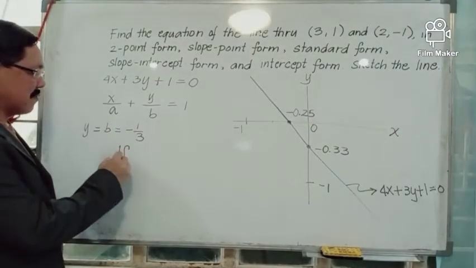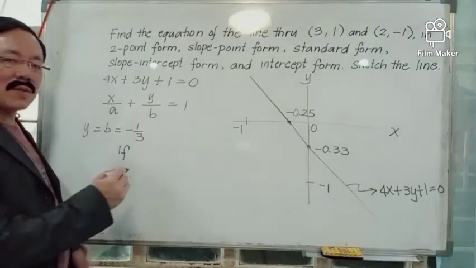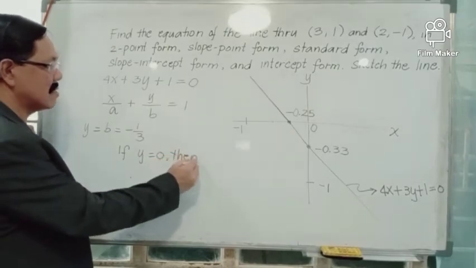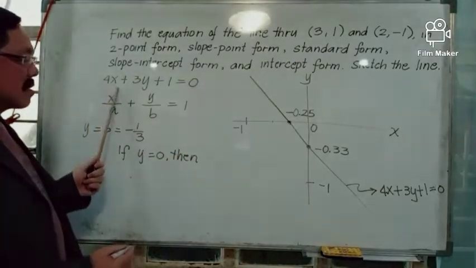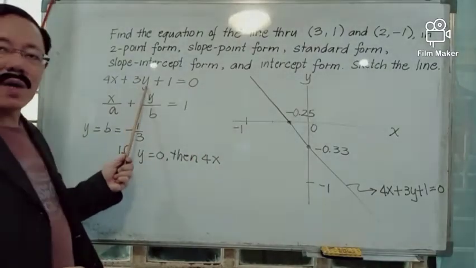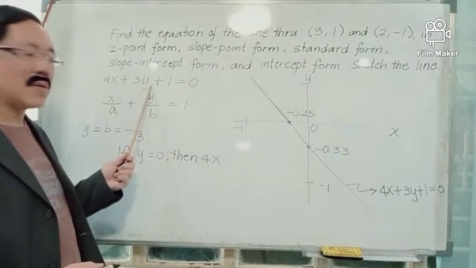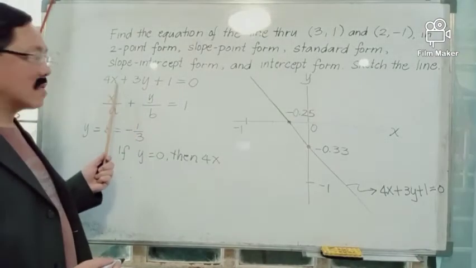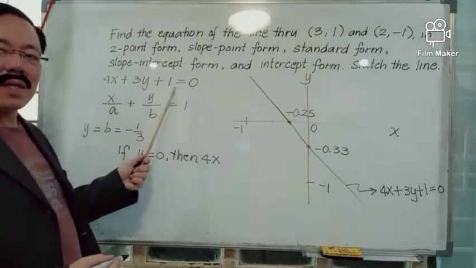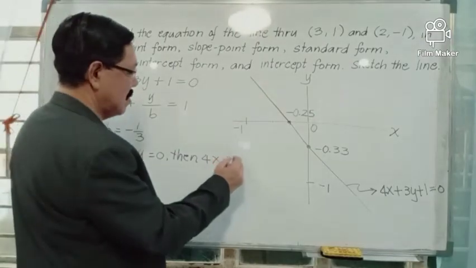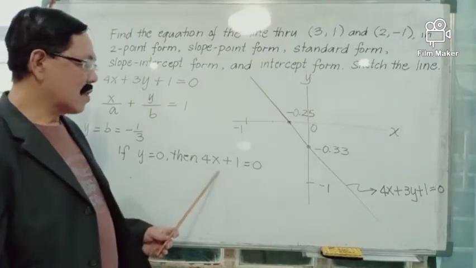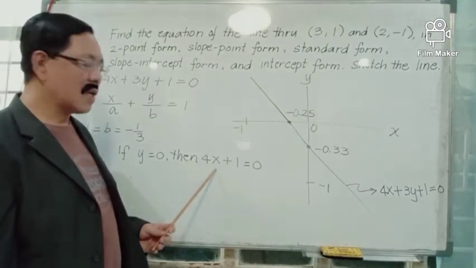We have, if y equals 0, then we get 4x, and 3 multiplied by y is 3 multiplied by 0, which is 0, and 4x plus 0 is 4x, plus 1 equals 0. We solve for x from this linear equation in one variable.